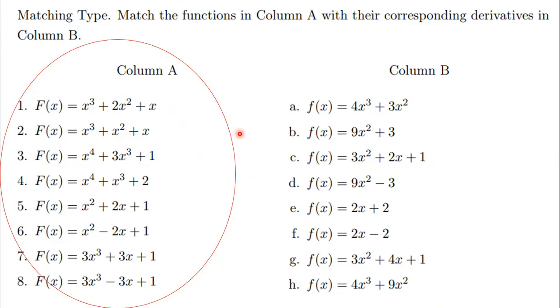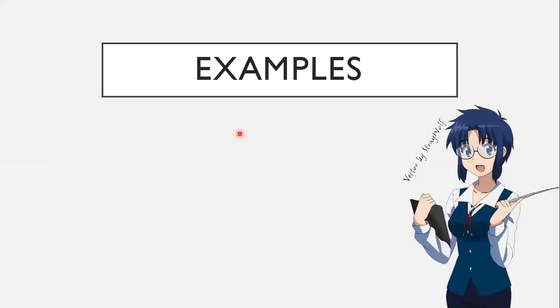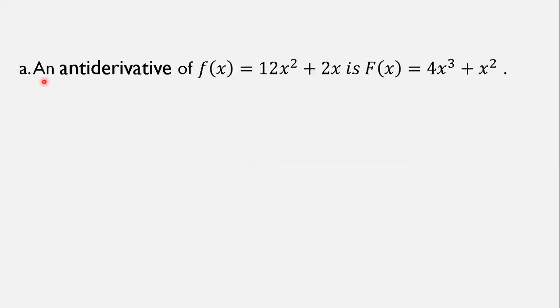Let's try to discuss further with the examples. Example letter A. An antiderivative of f of x equal to 12x squared plus 2x is the capital letter F of x equal to 4x cubed plus x squared. Try to double check. Why is it like that?